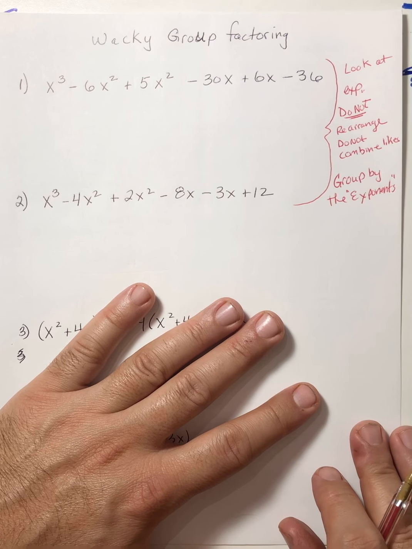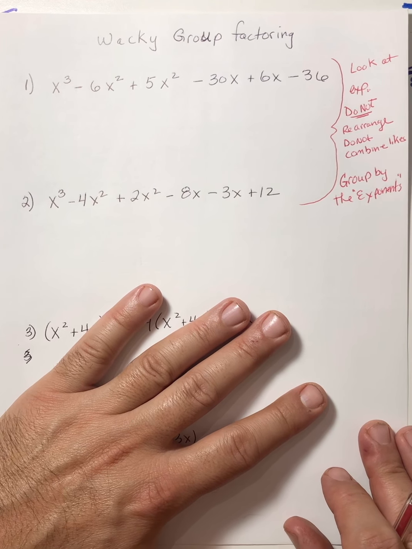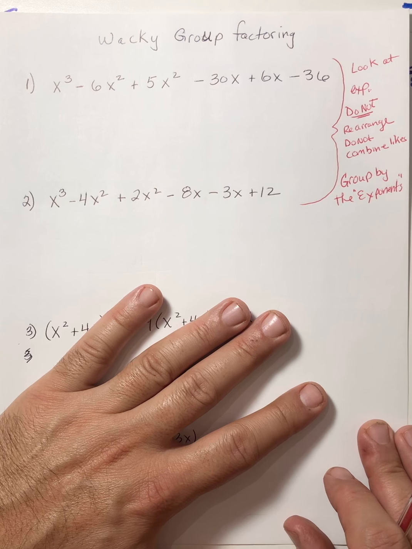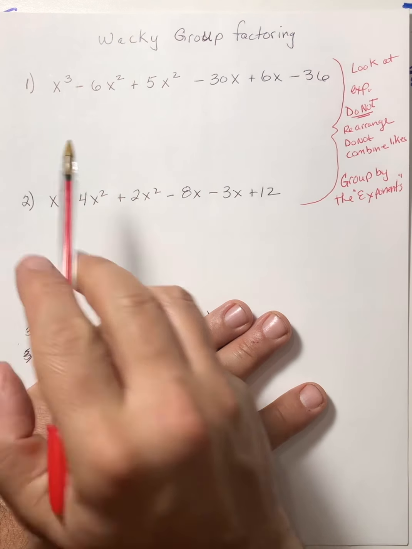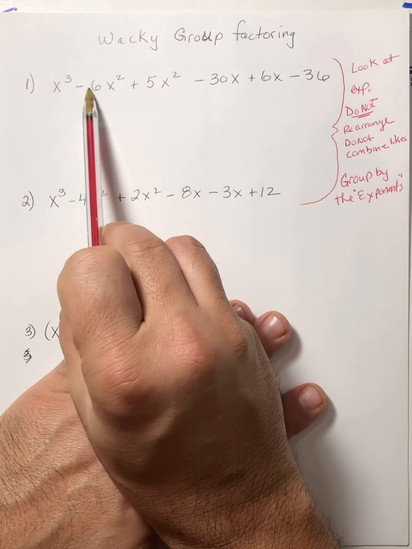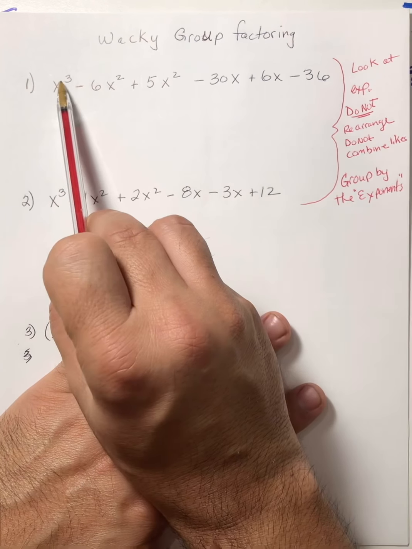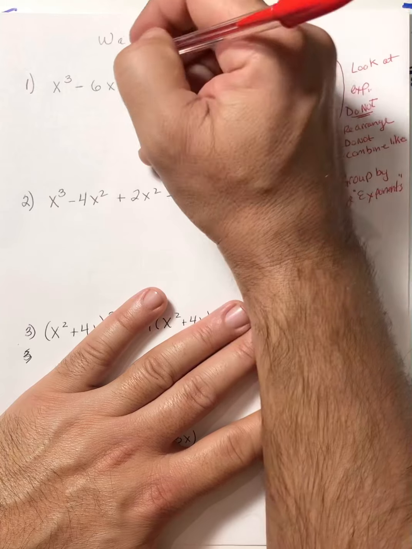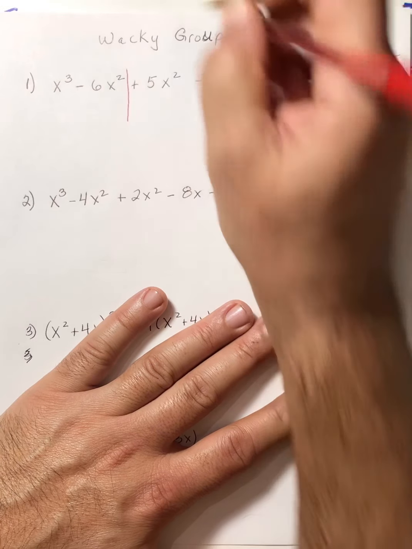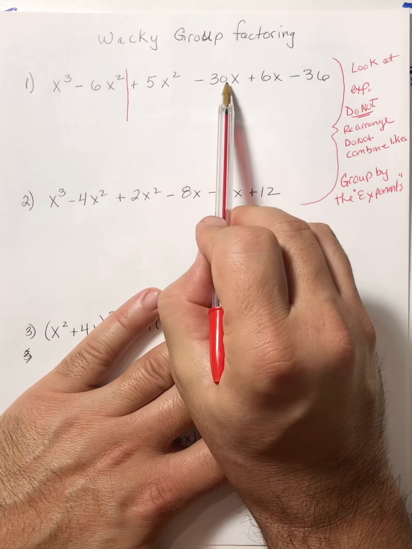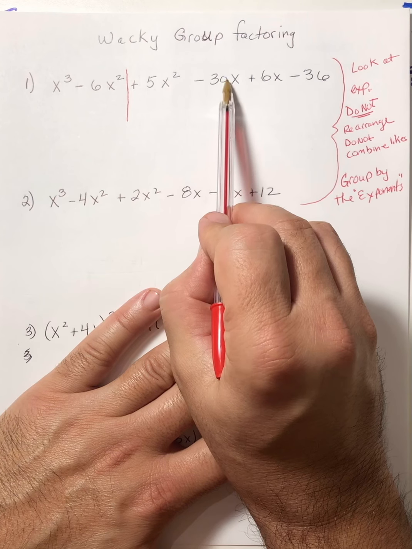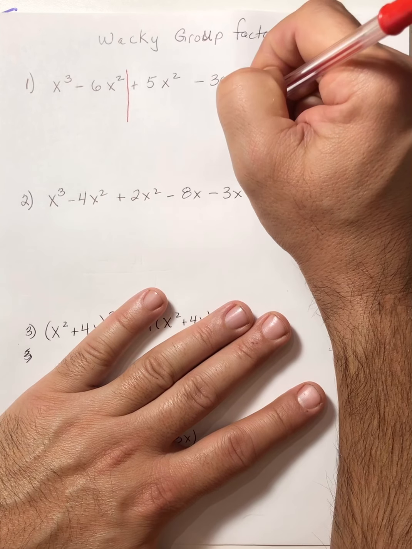So, with that said, look at this one. Notice how I can group, don't group x squared, group x cubed and x squared. Here's your split. Now group x squared, 30x. There's your split.